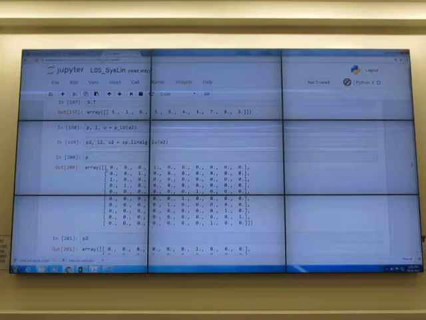To use SciPy LU decomposition, you have P, L, U equals scipy dot linalg dot lu. That does LU decomposition, but doesn't solve it. It just decomposes.